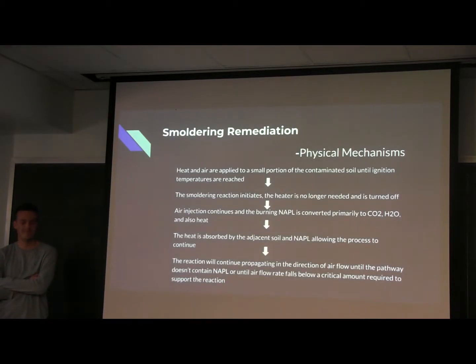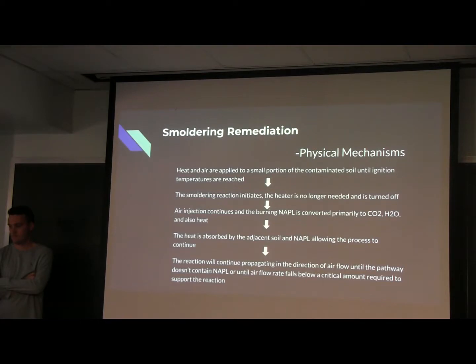And the physical mechanism is, firstly, heat and air are applied to a small portion of the contaminated soil until the ignition temperature is reached. Secondly, the smoldering reaction initiates. The heater is no longer needed and is turned off. The air injection continues, and the burning non-aqueous phase liquid is converted primarily to carbon dioxide, water, and also heat.